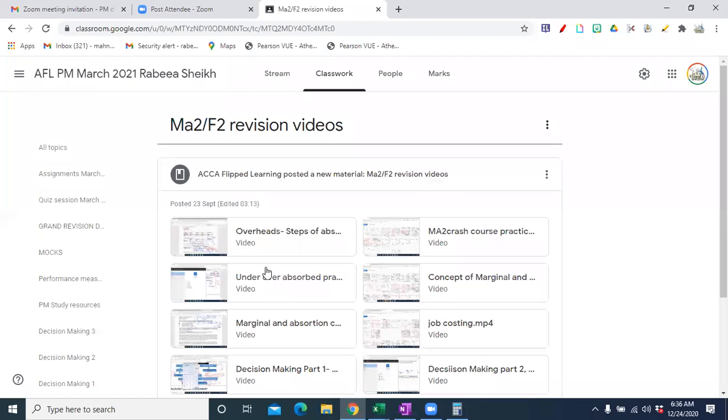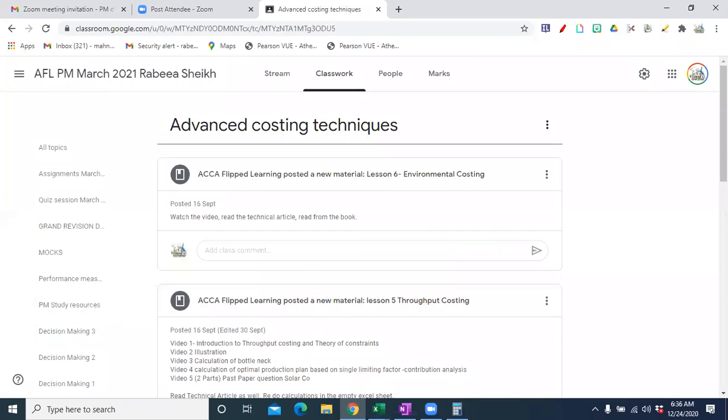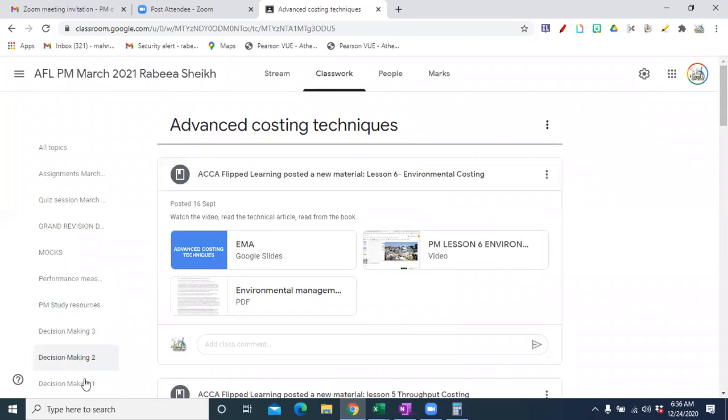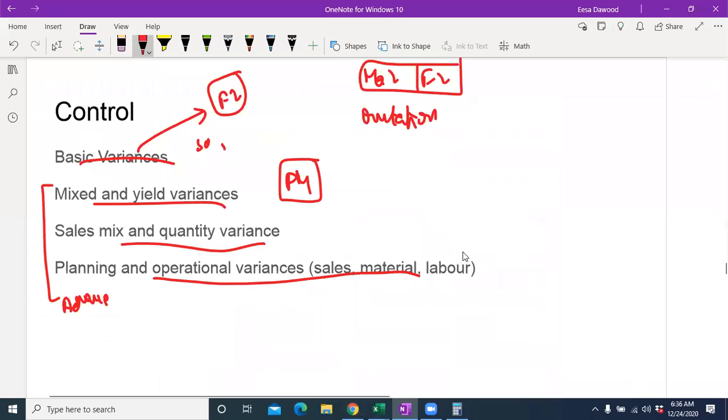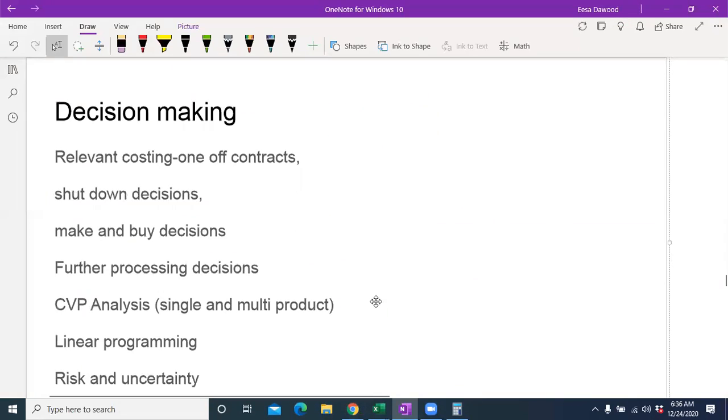Before starting the first topic, advanced costing techniques, you need to go over all these topics, and then you can start your advanced costing techniques. Okay. And after you're done with advanced costing techniques, the budget area, then control, and then decision making, and in the end you'll be covering variances.